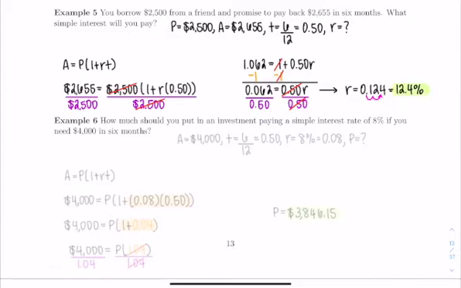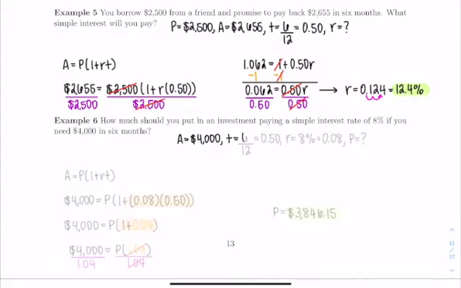And let's go ahead and try one last one. How much should you put in an investment paying a simple interest rate of 8% if you need $4,000 in 6 months? So we know the future value, or A, is $4,000. That's what I need to have in 6 months.